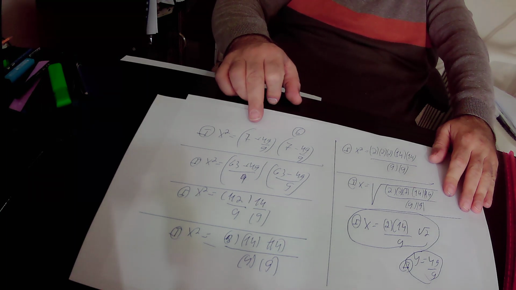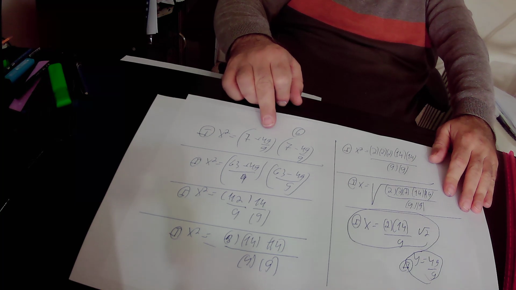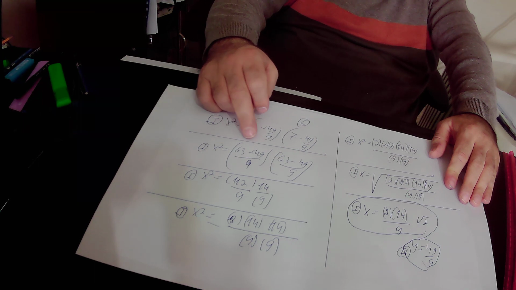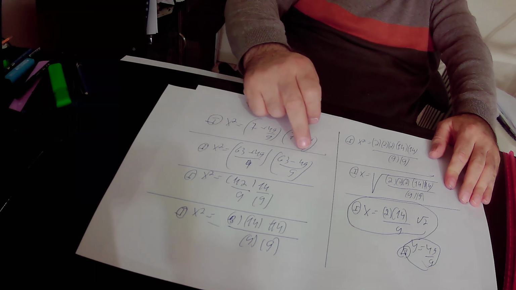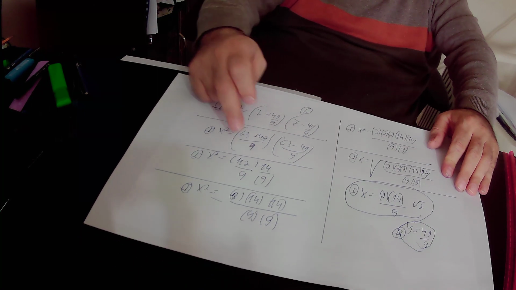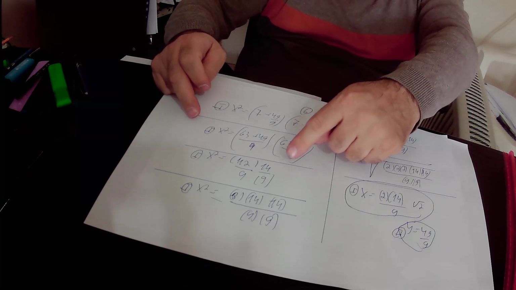Here we multiplied 7 by 9 and then divided it by 9 in order to have a common denominator, and we got that x squared equals (63 plus 49 over 9) times (63 minus 49 over 9). 63 plus 49 is 112, and 63 minus 49 is 14.